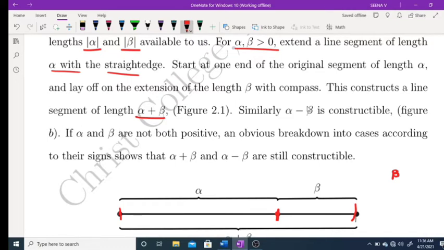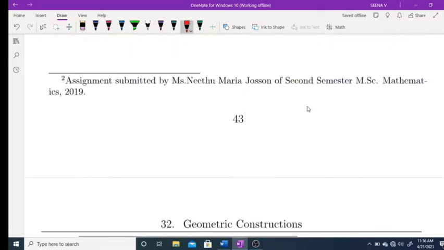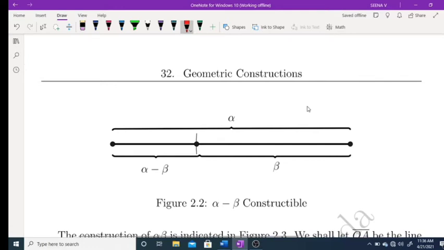Similarly, to prove alpha minus beta, what do we have to construct? We know alpha, so mark alpha. Alpha minus beta is obtained if we remove beta from alpha. As beta is constructible, we know the length of beta.